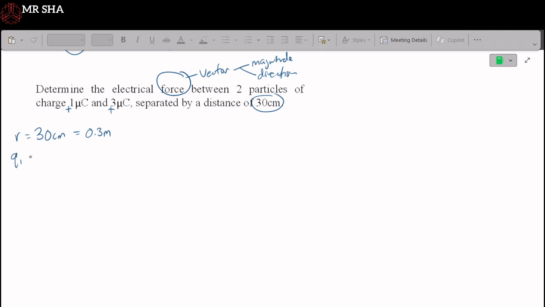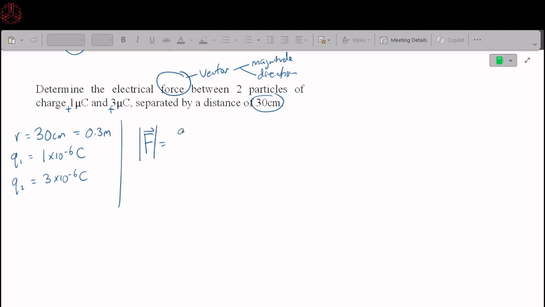You have q1 to be 1 times 10 power of negative 6 coulomb, and then you have q2 to be 3 times 10 power of negative 6 coulomb. We are looking for the electrical force, which is just F. I'm looking for its magnitude for now.